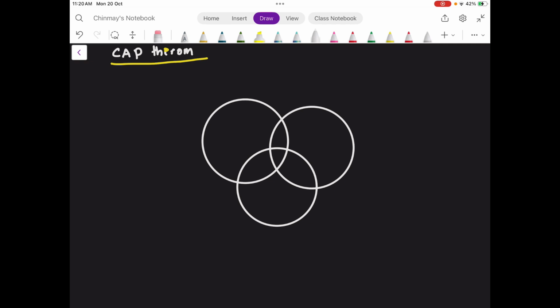We will take three circles. The first circle indicates consistency, the second circle indicates availability, and the third circle indicates partition tolerance.